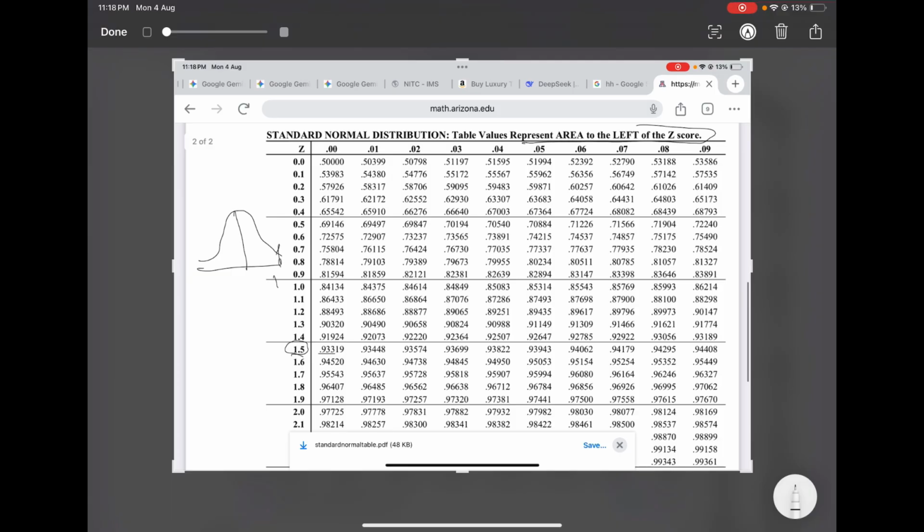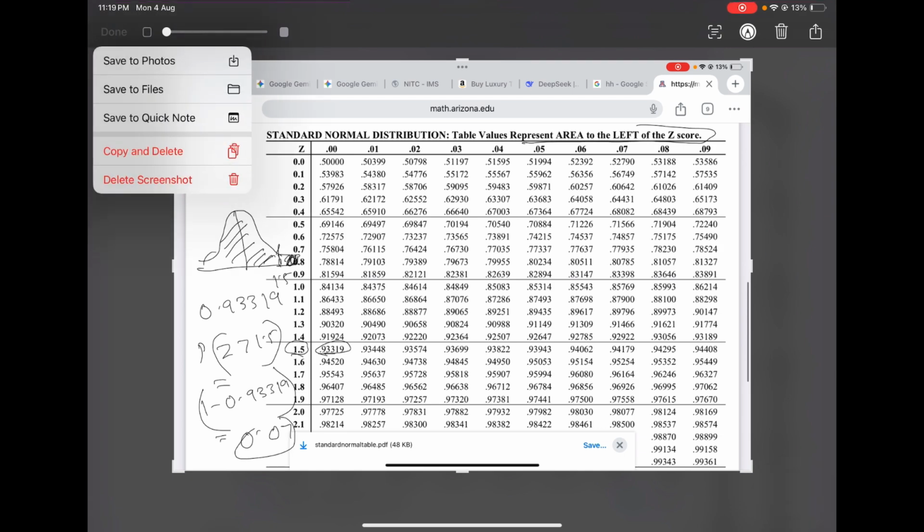So it is 1.5 here, and this is the area, given here as 0.93319. But we need to calculate this area, P of Z greater than 1.5. That will be equal to 1 minus 0.93319, which is close to 0.07. That is 7 percent.